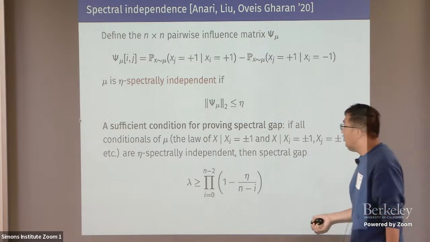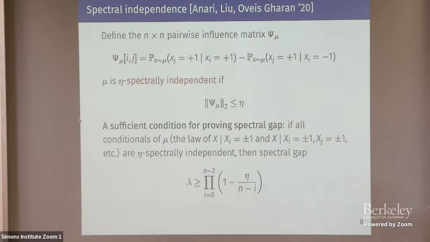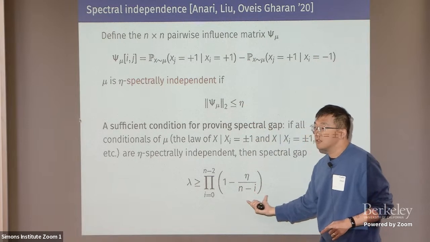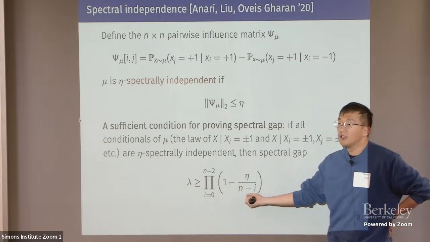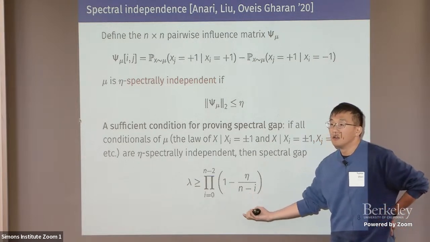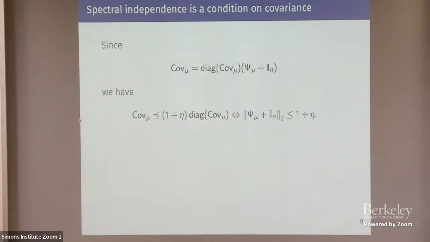The spectral gap, lambda, will be lower bounded by a product of numbers that depend on the spectral independence constant. And if, for example, eta is 1, then you get some kind of telescoping product, and you will have a polynomial mixing time out of it. Actually, linear in n here, if eta equals 1. Okay, so that's the previous framework.